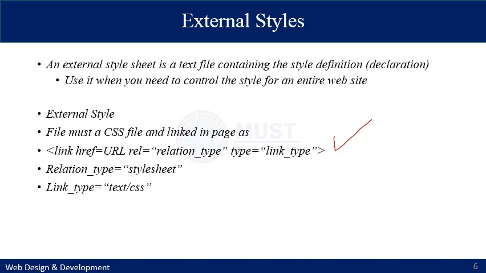The link is a link element in the head tag, and it has an href attribute which specifies the URL to the location of your CSS file, and then you specify the relation, and the most typical relation is stylesheet for cascading style sheets. And the type specifies the link type, and usually style sheets are text/CSS files.